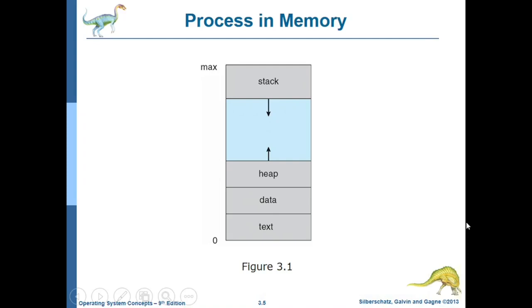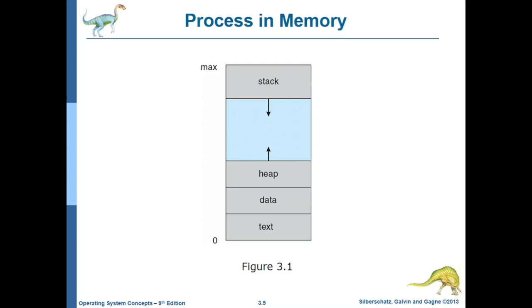This slide shows how a process is organized in memory. A process consists of different segments that store different types of information. The stack segment is used for temporary data such as function parameters, return addresses, and local variables.